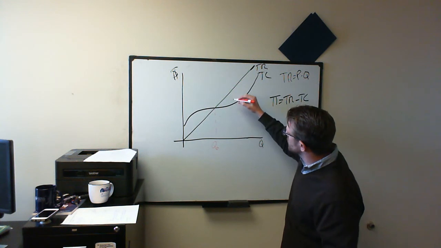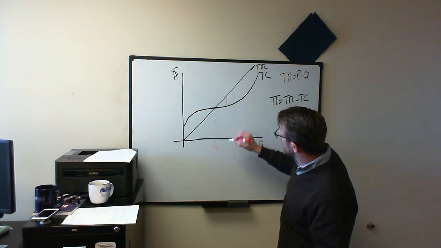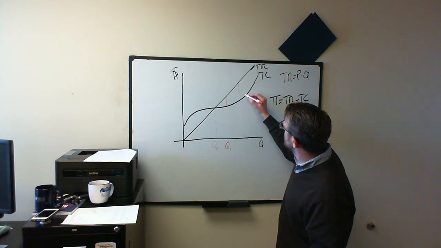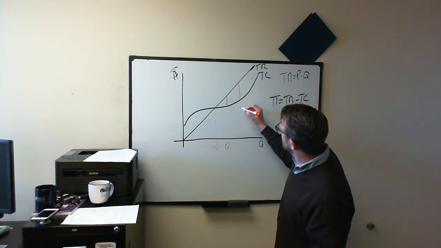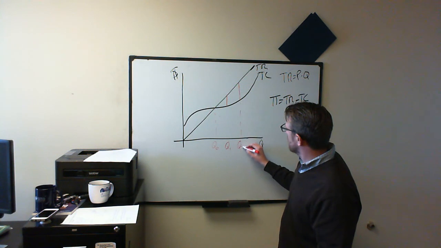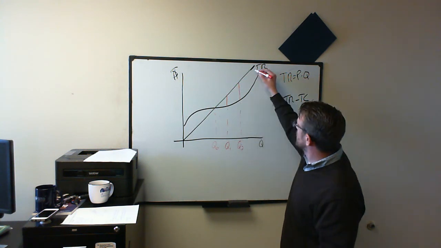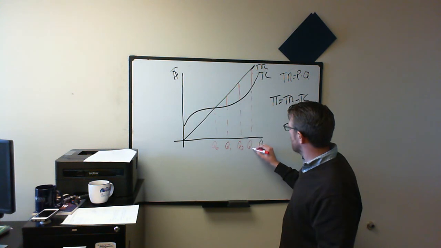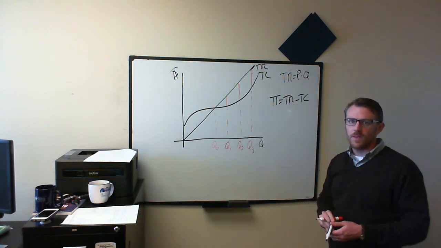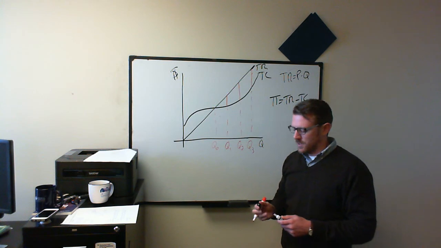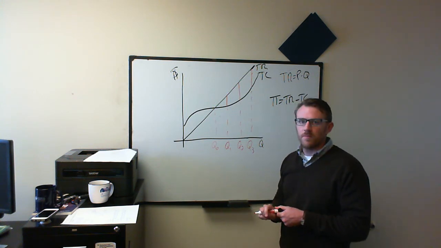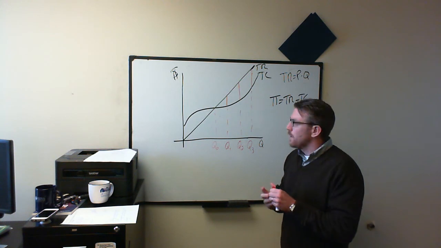Well, we might want to pick something where the distance between the two curves looks the biggest. So let's consider 3 quantities. Let's call this one Q1, this one here Q2, and this one way up here Q3. What we notice about profits at each one of these is that only one of them is the biggest.